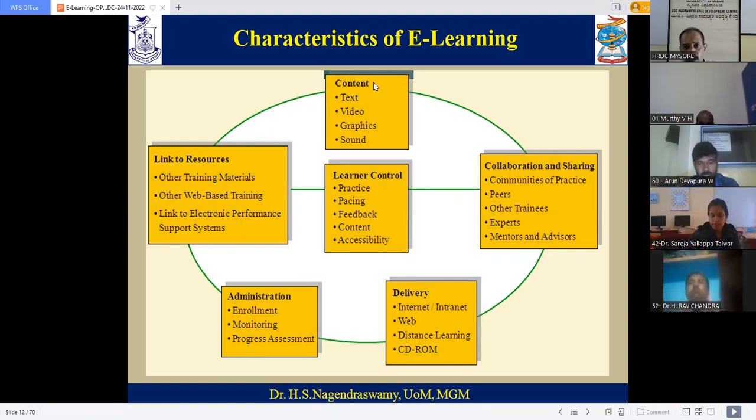So when it comes to e-learning, there is content and collaboration and sharing. There is a delivery method. There's an administration, a link to resources, and learner control. So all these components put together define the characteristics of e-learning. Okay, so even you can start your own YouTube channel.